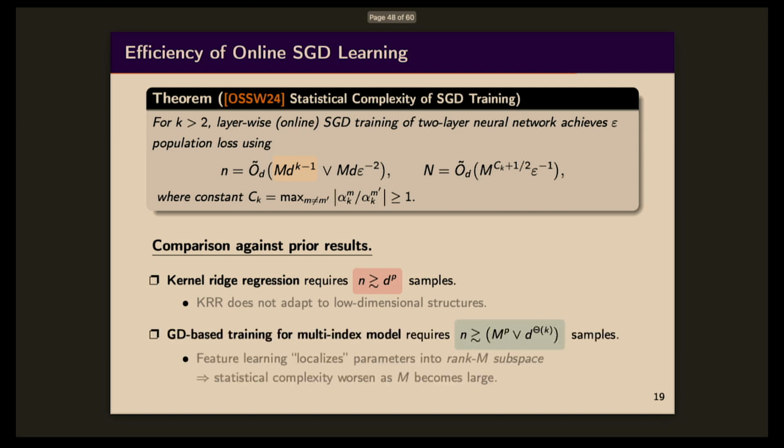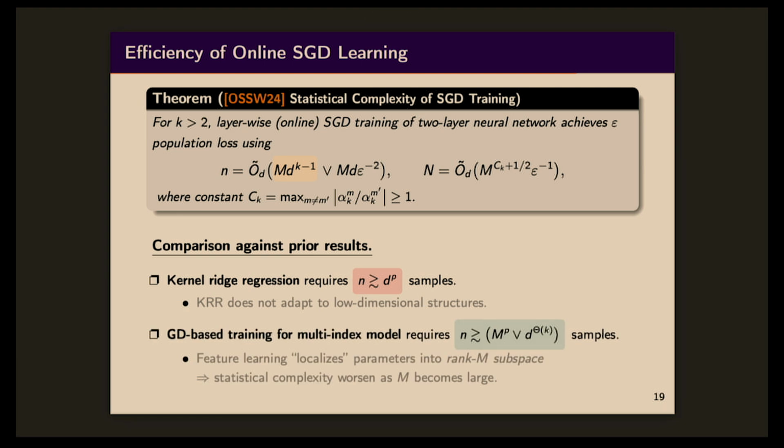The more interesting baseline is the prior results of gradient-based training for multi-index models. There have been a lot of studies on feature learning in neural networks that show that training the first layer parameters is going to localize the neurons into the rank M subspace.